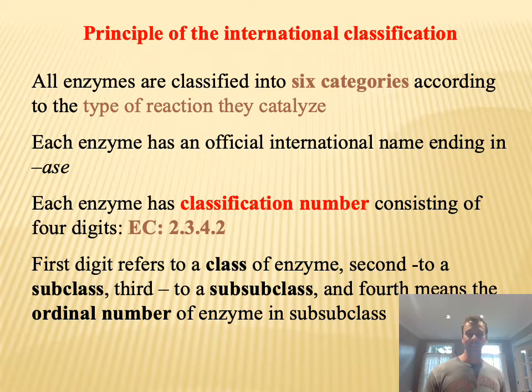The second refers to a subclass, and then sub-subclass, and so on. So you can get very, very specific as you go down. When a new enzyme is discovered, they may know that it belongs to this class and subclass, but they don't know the exact substrate, so it would just be classified as 2.3, for example. But you can get very specific all the way down to the exact reaction that it catalyzes.